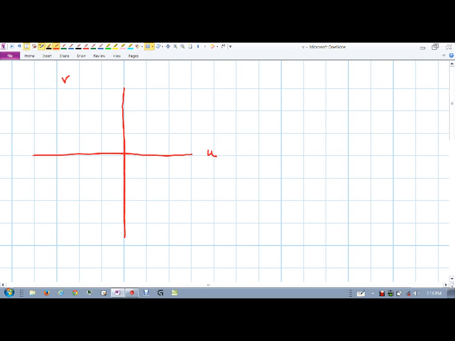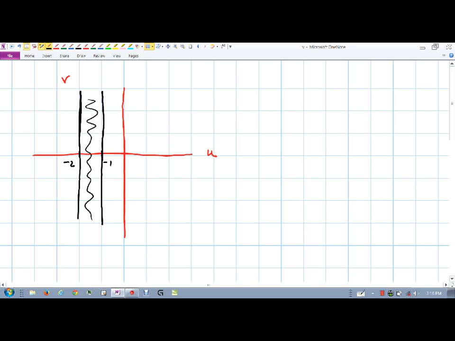My u is between -1 here, and -2 here. So it can be anywhere between here, right? With me? So it can be anything in there.